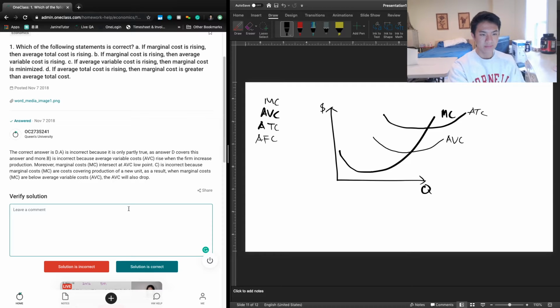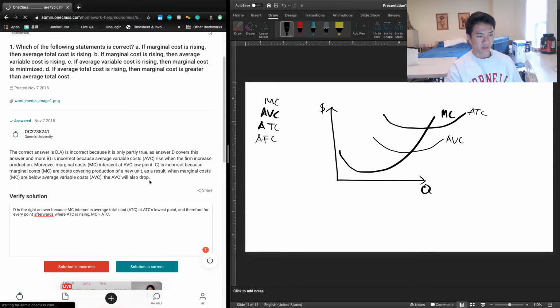And so we see here that D is the right answer because marginal cost intersects ATC, average total cost, at ATC's lowest point, and therefore for every point afterwards where ATC is rising, marginal cost is greater than ATC.